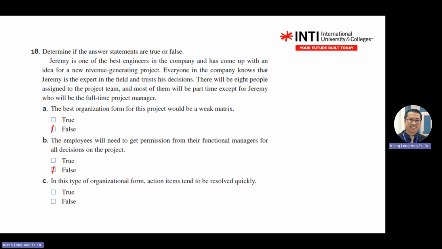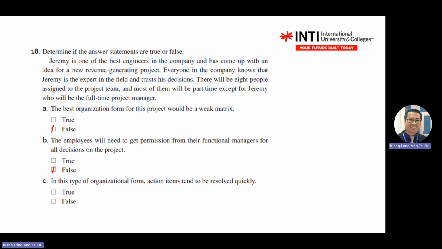It can be project-based or strong matrix already. Why? It tells you Jeremy has expertise in there. He's a subject expert. So when you're a subject expert, what do you think your other colleagues in engineering or other functional groups, will they trust you? Yes, the answer is yes.